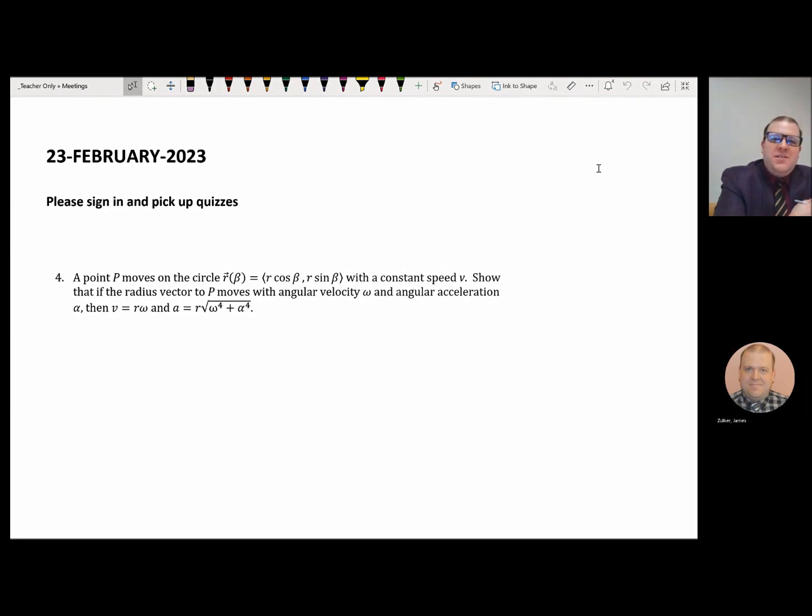Show that if the radius vector to P moves with an angular velocity of omega and angular acceleration alpha, then the linear speed is r times omega, and the linear acceleration is r times the square root of omega to the fourth plus alpha squared. Is it supposed to be squared, or to the fourth? Supposed to be squared.